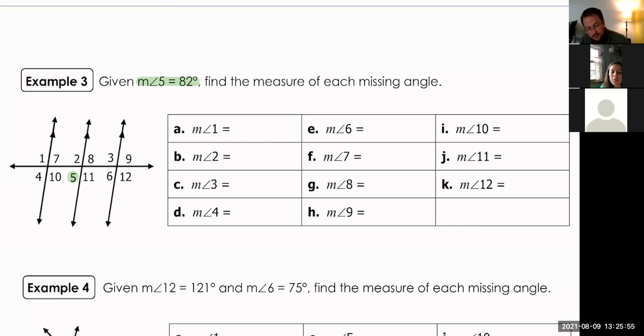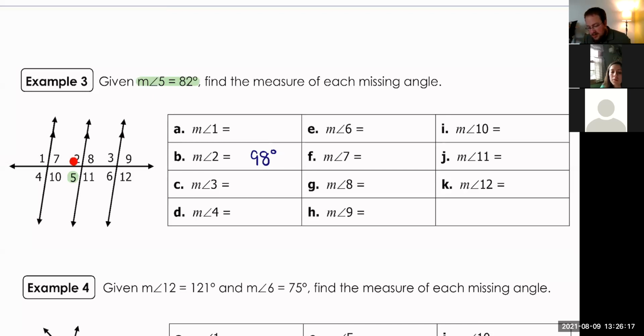You subtract 82 from 180. So 180 minus 82, which would give you, I believe, 98. Okay. Now, again, this is entirely up to you, but this is something that I like to do to go bang, bang, bang very quickly.